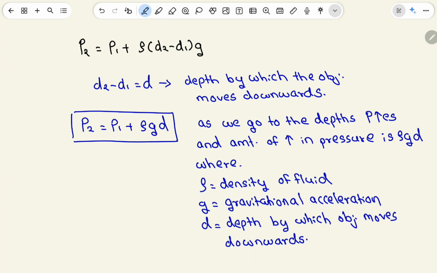So if we have an object which is moving downwards in the liquid and it moves downwards by depth D, then the amount of pressure acting on that object increases by an amount rho G D.